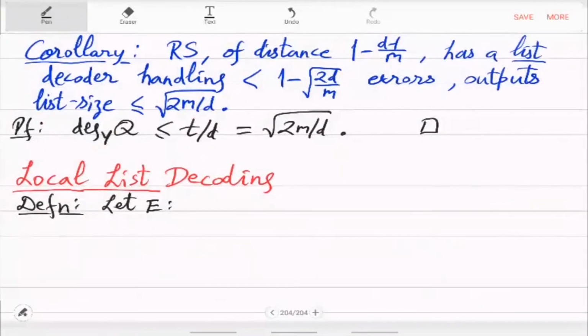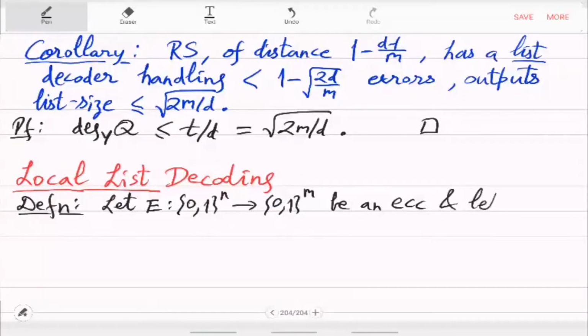So let E be a binary code, and let epsilon be half minus rho, for rho between 0 and half.